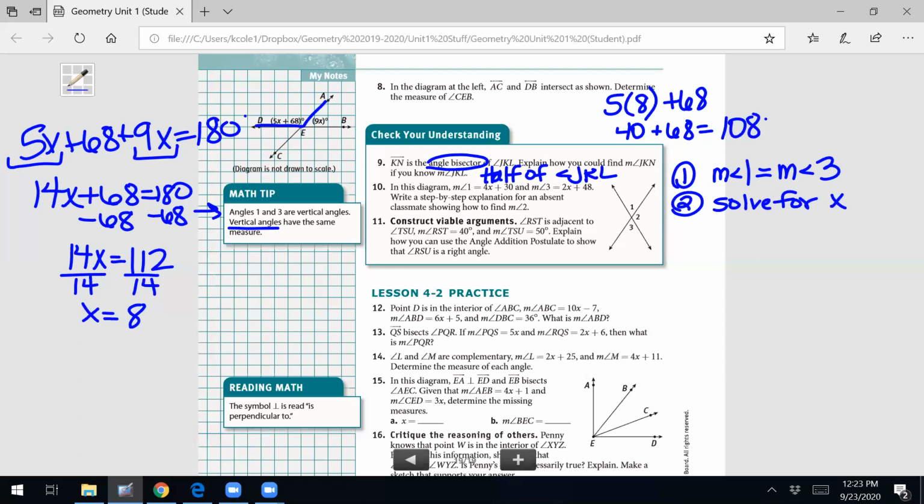Once they solve for x, they're going to plug x in to find angle 1 or angle 3. They don't necessarily need both, just one or the other. So then once they have 1 or 3, what are they going to do?